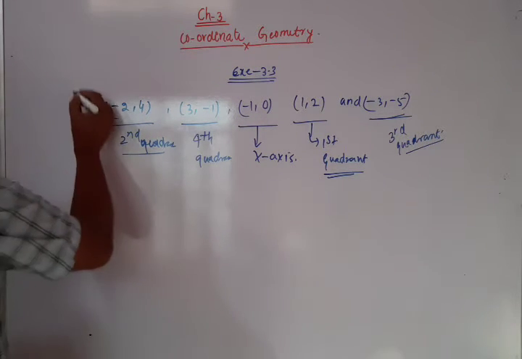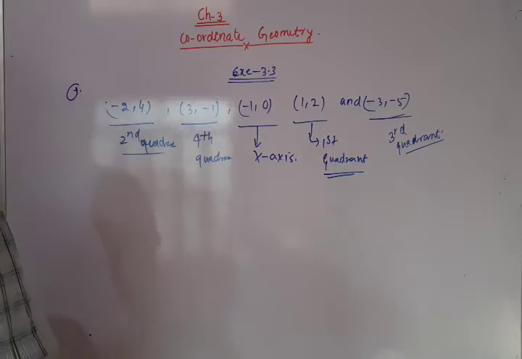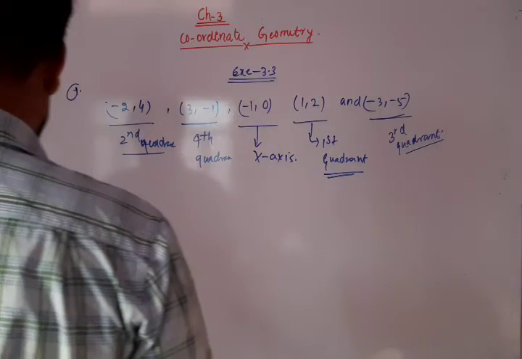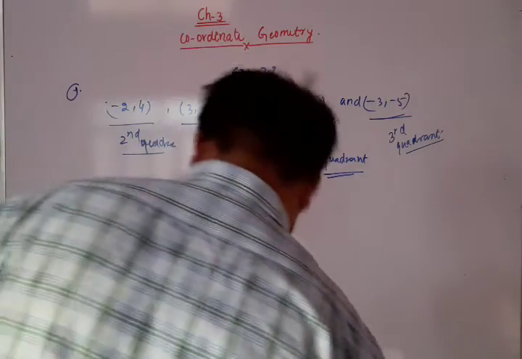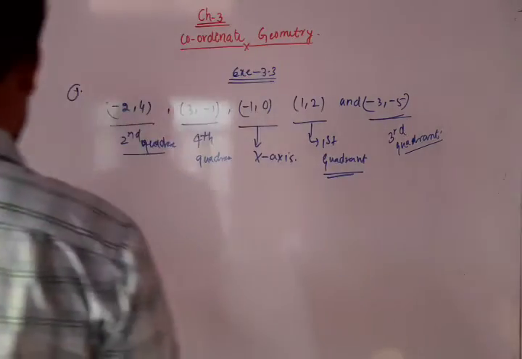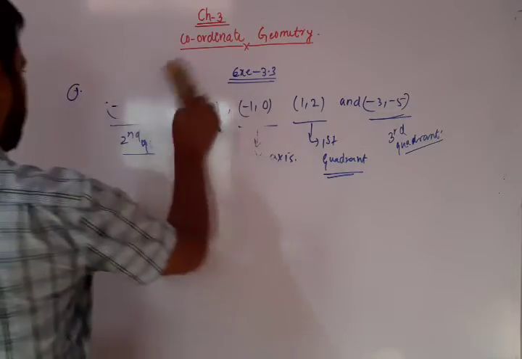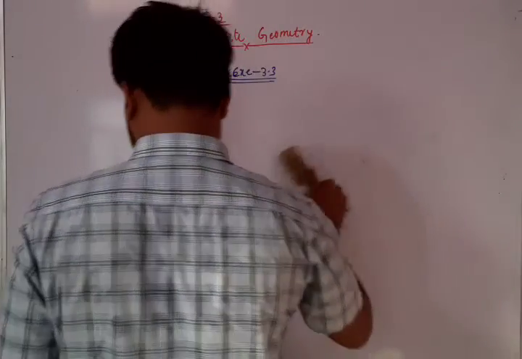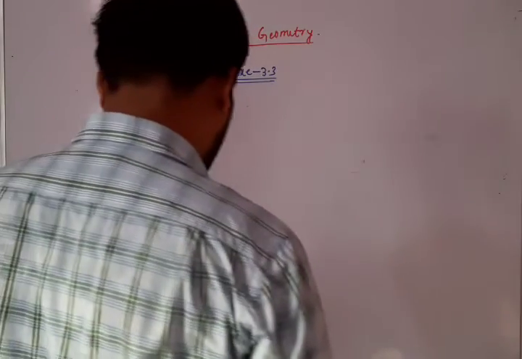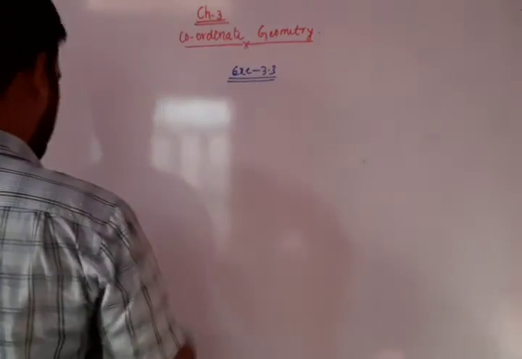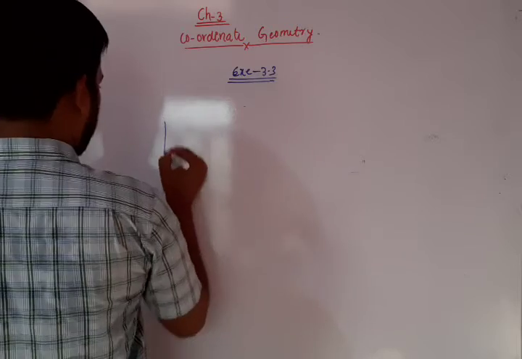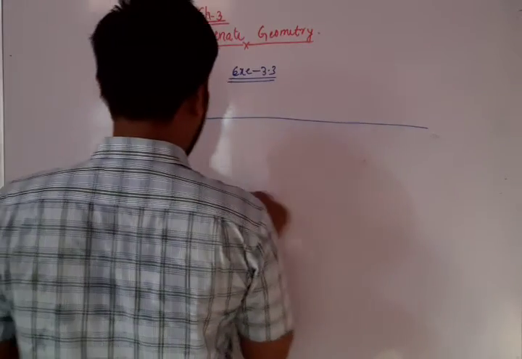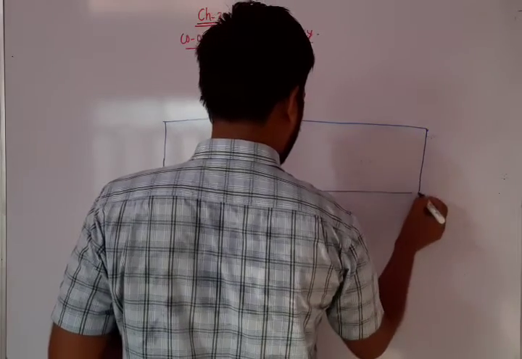So this was question number 1. Now question number 2: plot the points (x, y) given in the table on the plane. You can plot the points very easily. By the table I will tell you the coordinates and you draw by yourself.